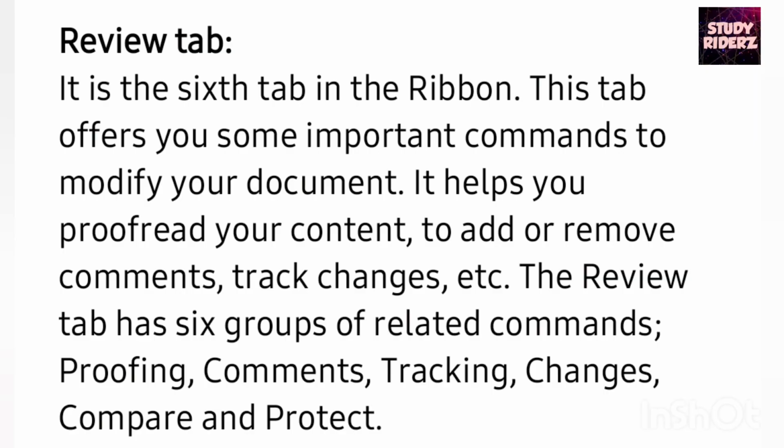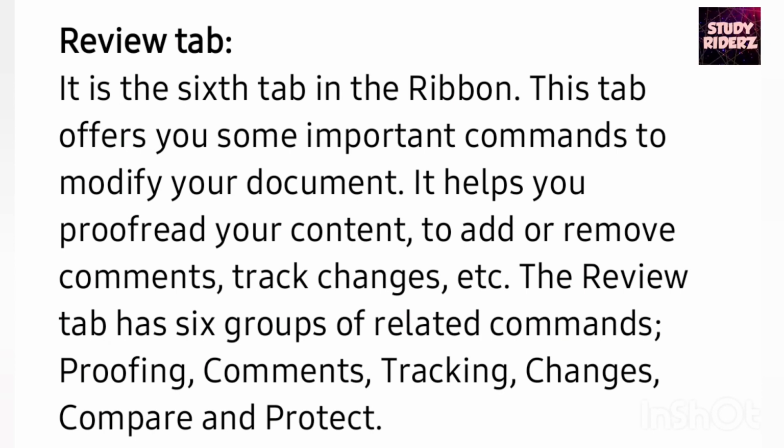Next one, review tab. Review tab is the 6th tab in the ribbon tab. This is the default tab of MS Word. This review tab offers some important specific commands which will help to modify or change your document. You can add or remove comments in review tab. This review tab has 6 groups.